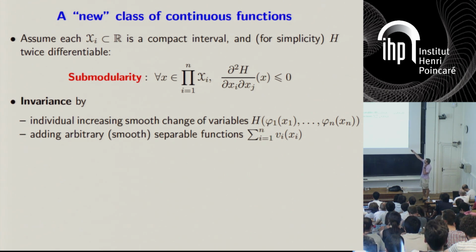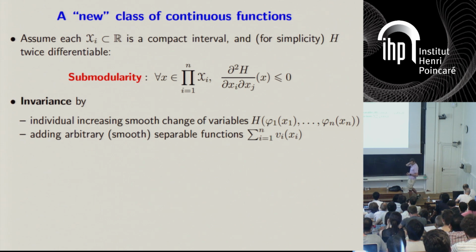The proof is trivial: if you apply the chain rule, replacing x_i by phi_i of x_i and x_j by phi_j of x_j, you simply multiply by the derivatives of phi_i and phi_j, which are assumed to be positive. So essentially you don't change anything by doing this. This is a nice way of getting invariances like that.